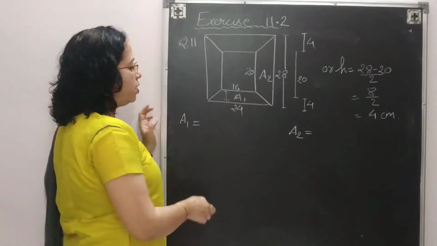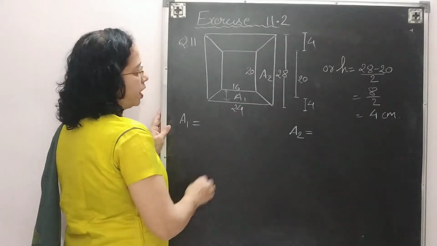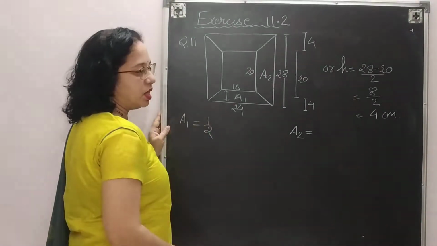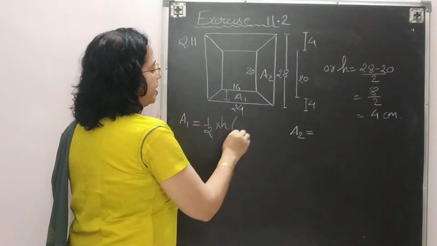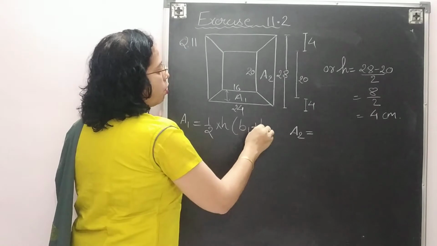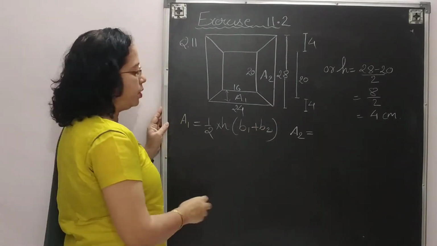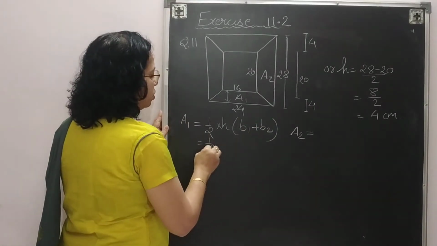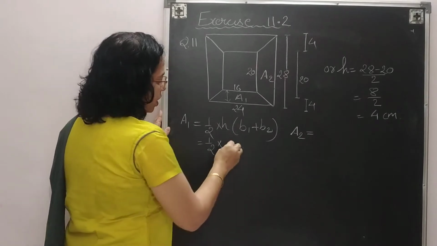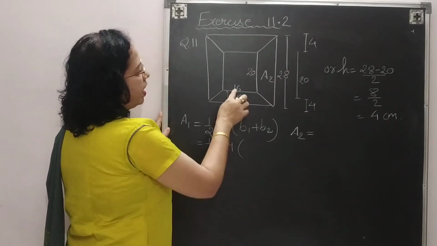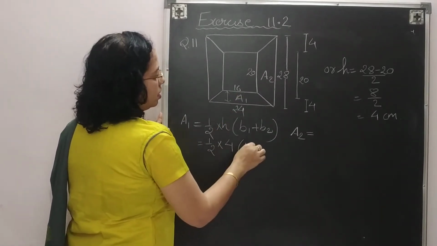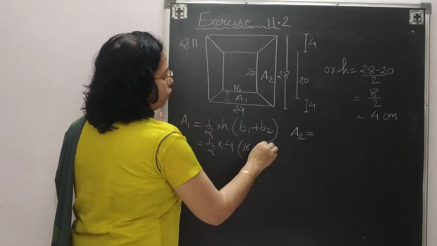What is the area of the A1 part? This is a trapezium, so half into height into the sum of parallel sides, B1 plus B2. Just substitute the values. The height is 4, and in the bracket 16 and the other length is 24.